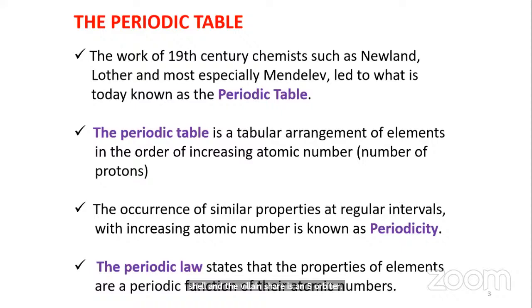This occurrence of similar properties is known as periodicity. So when we talk about the periodicity of physical properties, we are looking at the reoccurrence of similar physical properties at regular intervals based on the atomic number.